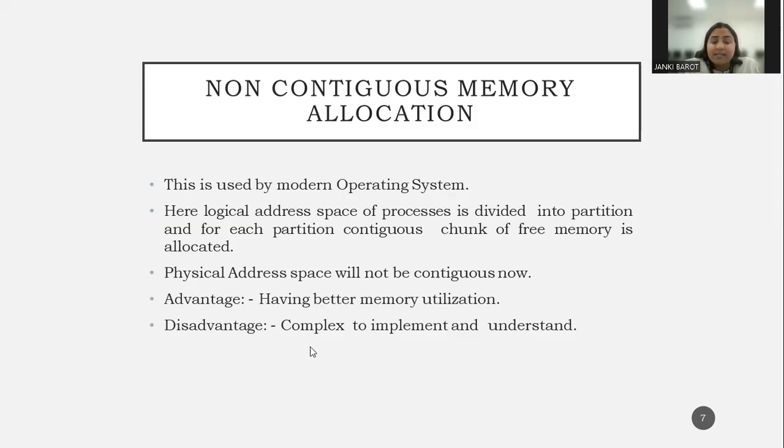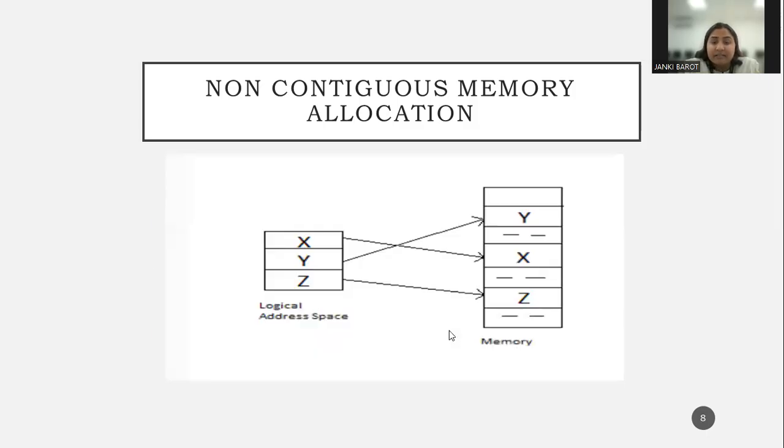The disadvantage is that it is complex to implement and understand. To allocate main memory to the Y process, we need to check whether any available slot is there, and from the available slots we need to find the exact nearby size of that unit. So it is complex to implement.